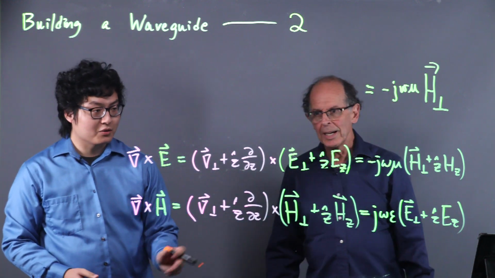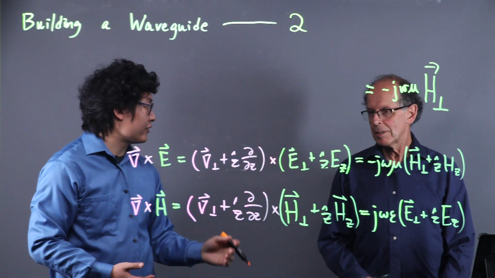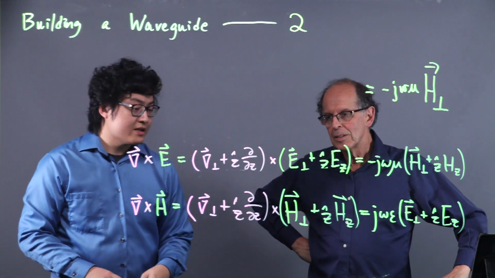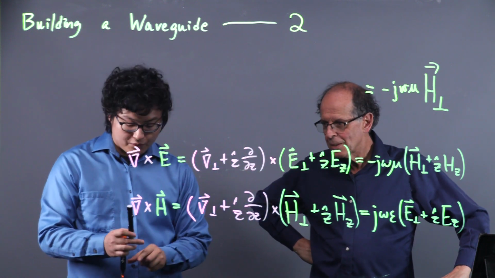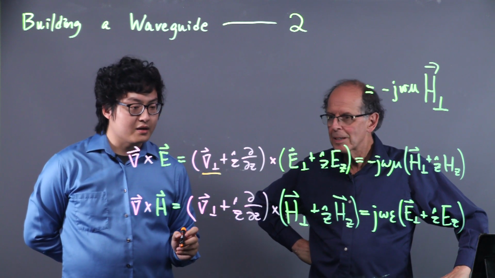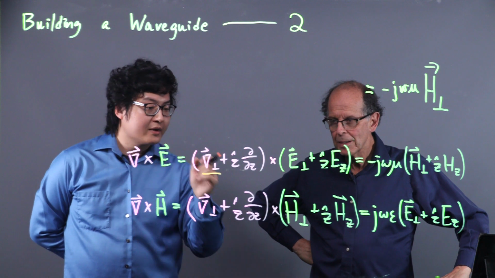Okay. Well, we have this cross operator in the middle, and then 2 variables on each side. So we can just walk through what each of them do. Sure. So we start with the transverse gradient.